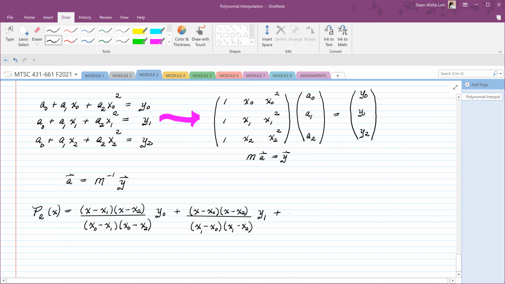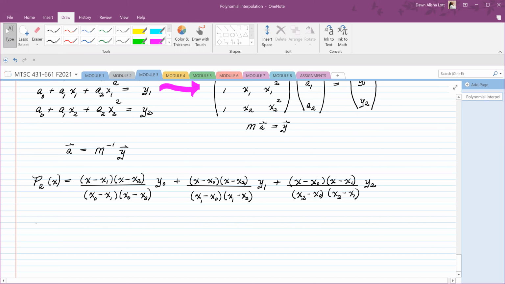And then the last one, I'm going to leave out x2. So I get x minus x0, x minus x1. Now I'm going to fill in the denominator with x2 minus x0, x2 minus x1, times y2.